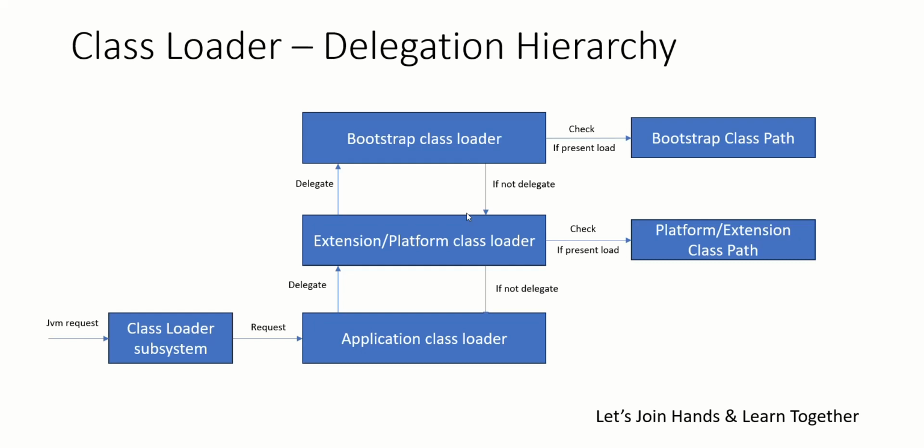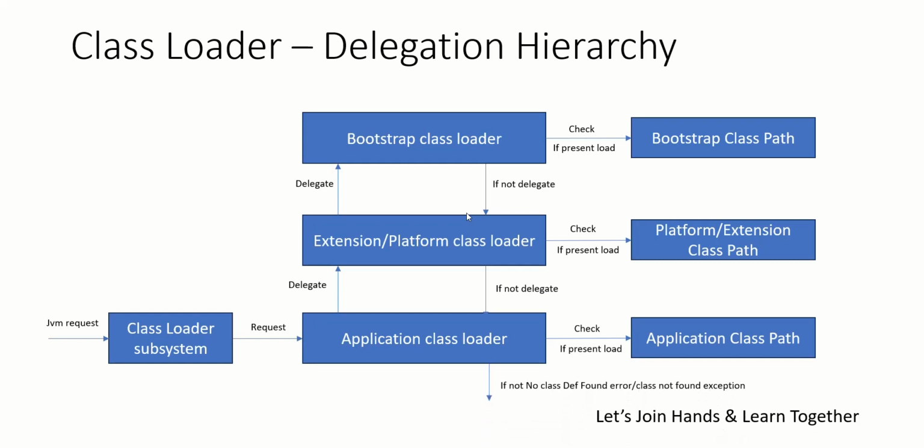Consider if that extension class loader is also not able to find the particular class, then it will delegate the request to the application class loader. Now the application class loader will try to identify it in the class path which we have given in the environment variable or in the current working directory. If it is present, it will load. If not, it will give a NoClassDefFoundError or ClassNotFoundException.